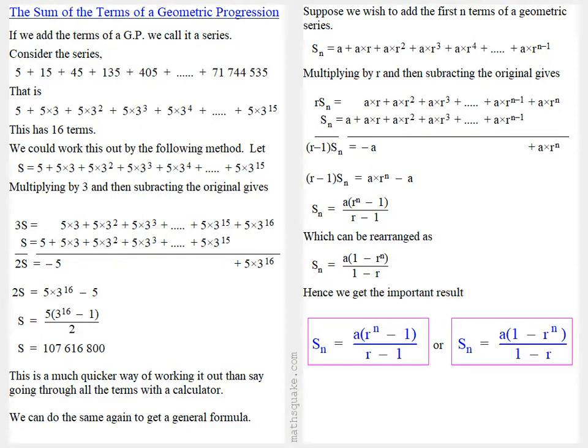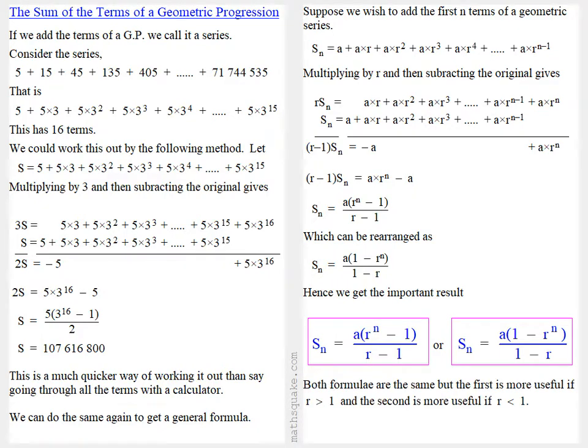The sum of the first n terms in a geometric series, Sn, is equal to a into (r^n − 1) over (r − 1), or Sn is equal to a into (1 − r^n) over (1 − r). Both formulae are the same, but the first is more useful if r is greater than 1, and the second is more useful if r is less than 1.